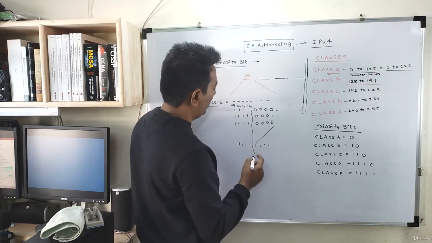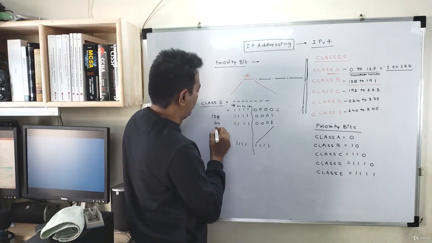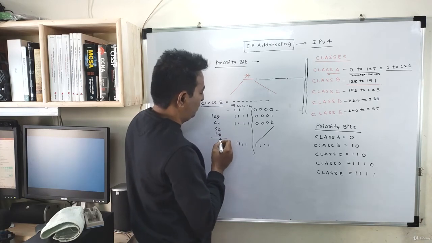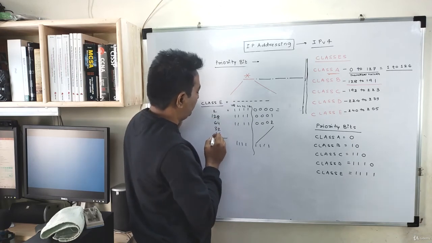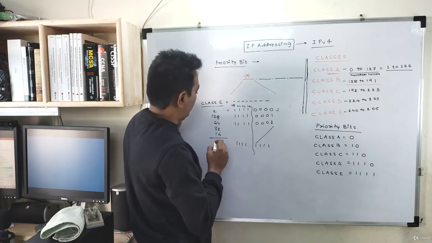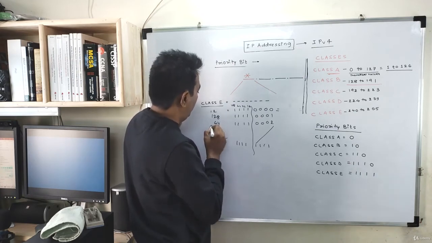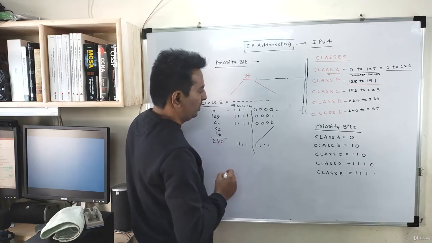So if you add all these, 128 plus 64 plus 32 plus 16, it comes out to be 240.